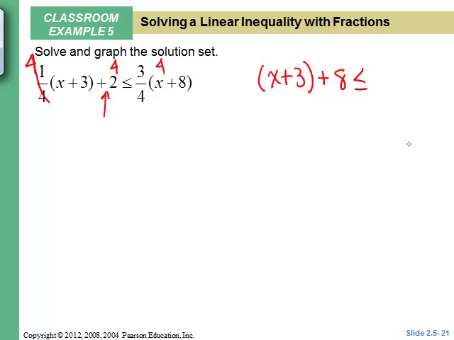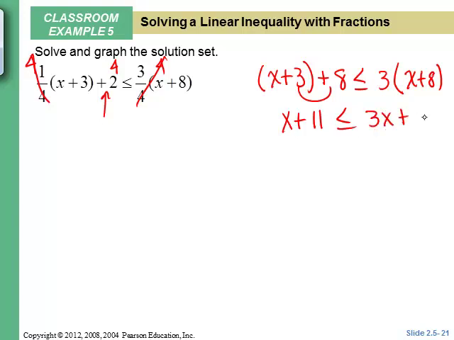Is less than or equal to 3 times x plus 8. x and 3 and 8 is x plus 11 is less than or equal to 3x plus 24.